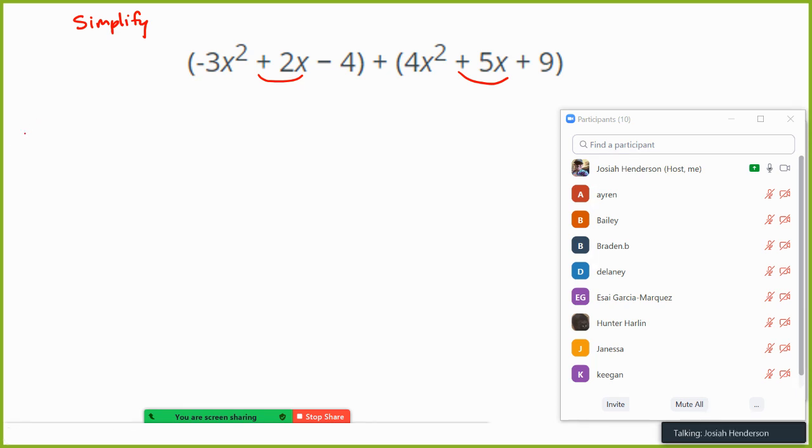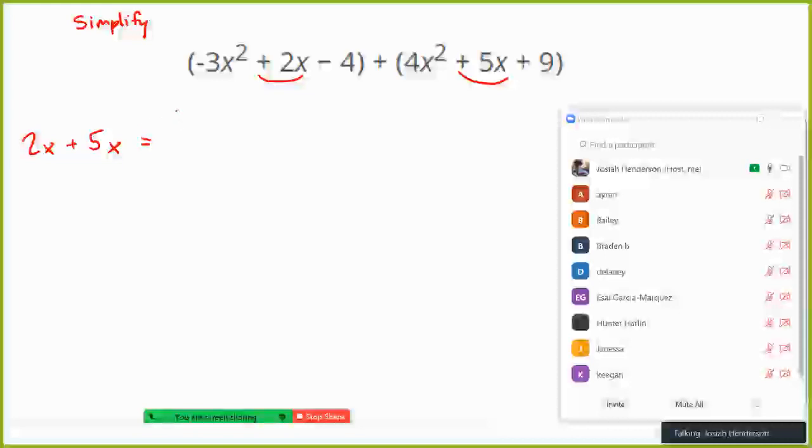I'm going to write down kind of what you said. 2x plus 5x. Well, that equals so many x's. And if we do the same thing with the x squareds and then the whole numbers, the constants, we should have our simplified answer.